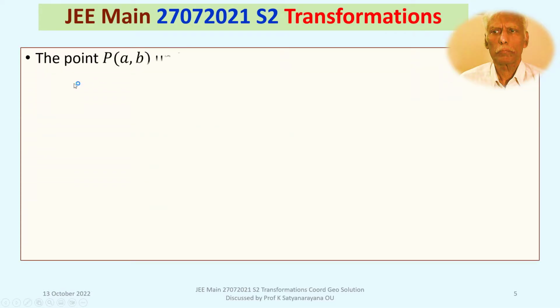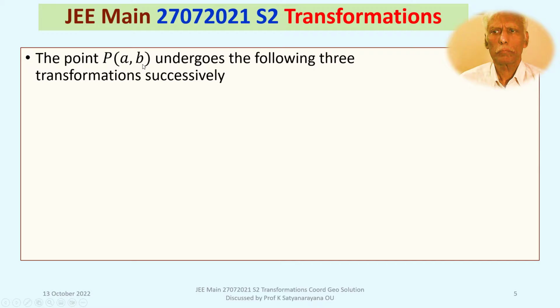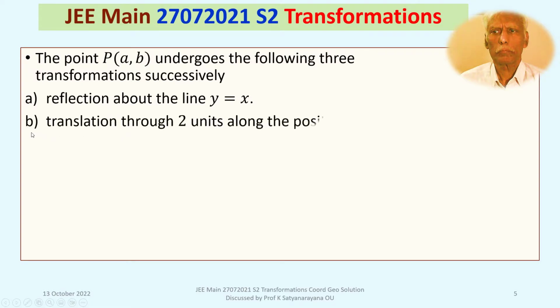The problem is: the point P with coordinates (a, b) undergoes the following three transformations successively. A. Reflection about the line y = x. B. Translation through two units along the positive direction of x-axis.